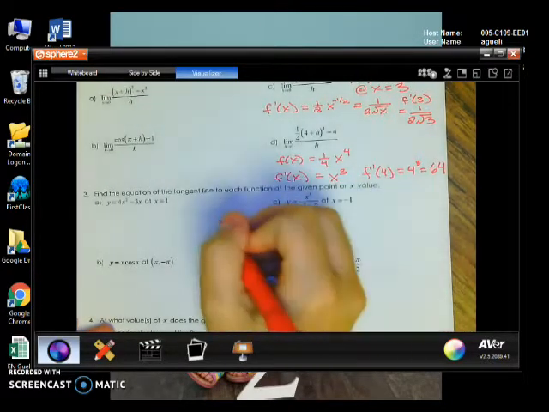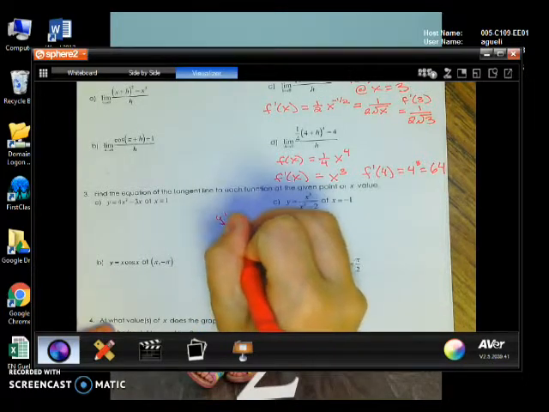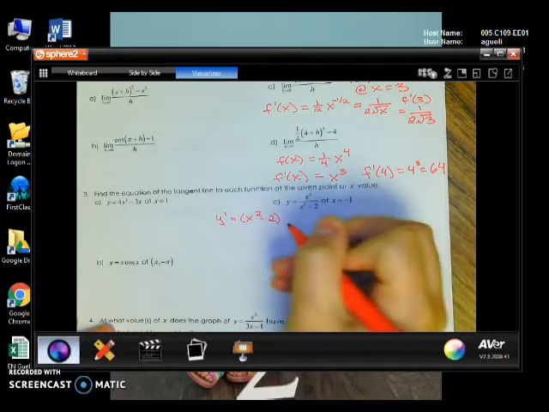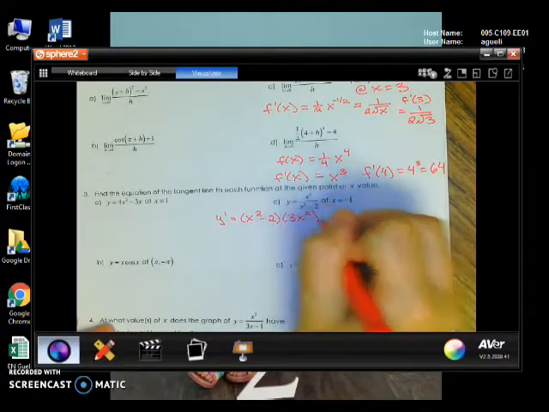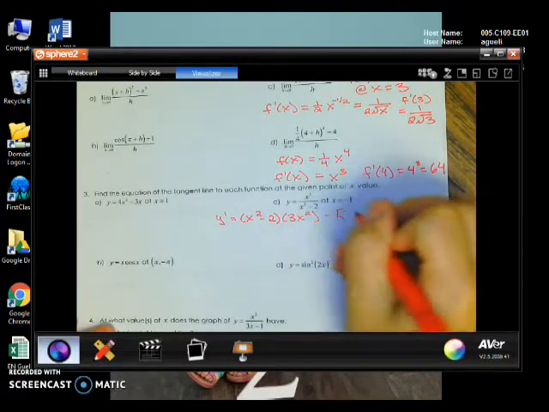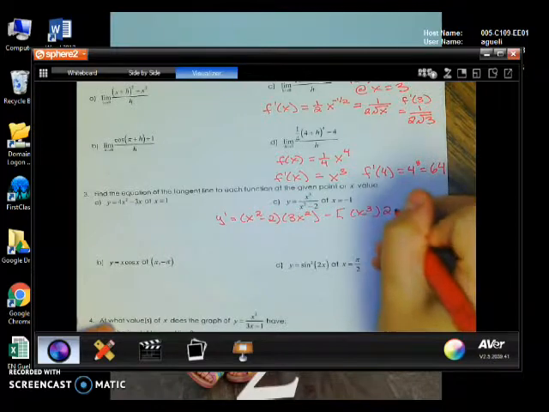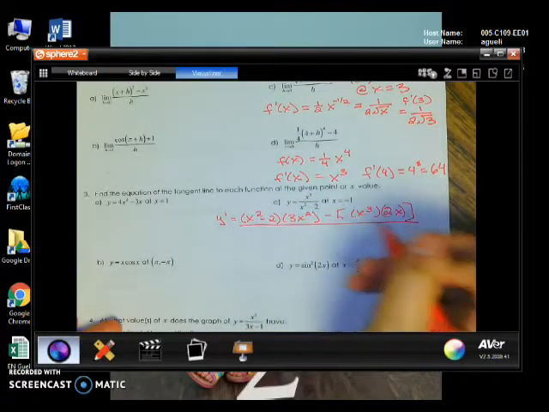So here, my derivative, y prime, is going to be x squared. Okay? So it's low, d high, minus high, d low, all over low squared.